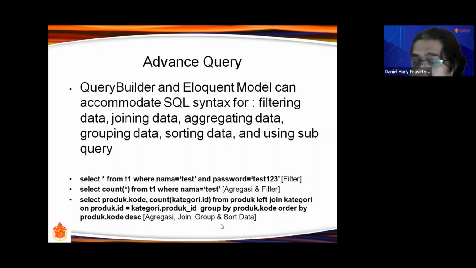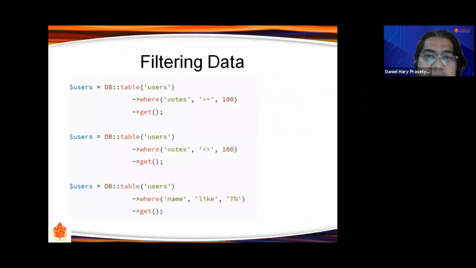Maybe we can continue with filtering with having. This one is for filtering data. For example, table user, there is another parameter where votes is greater than or equal to 100.